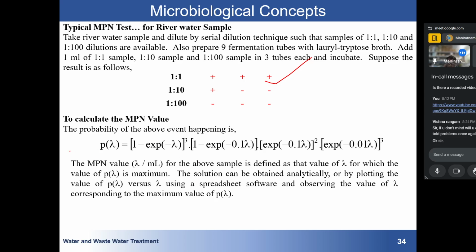To find the most probable number, that is the maximum value, we can just differentiate it. The MPN value is defined as the lambda for which the value of P(lambda) is maximum.